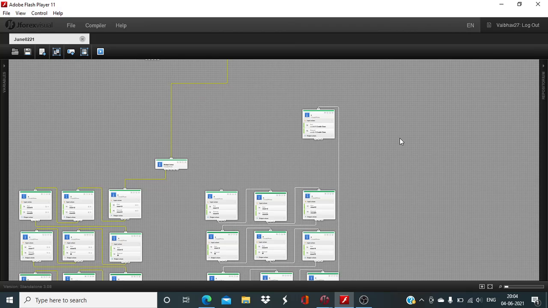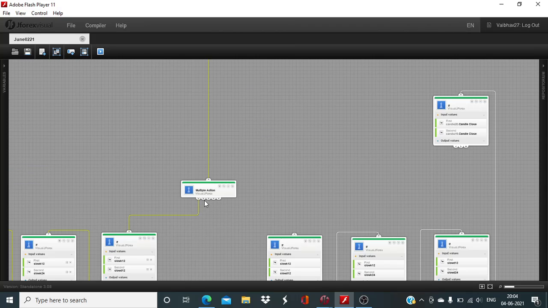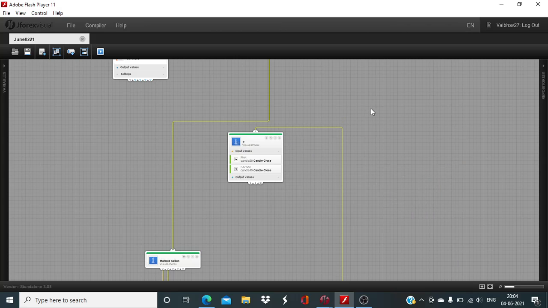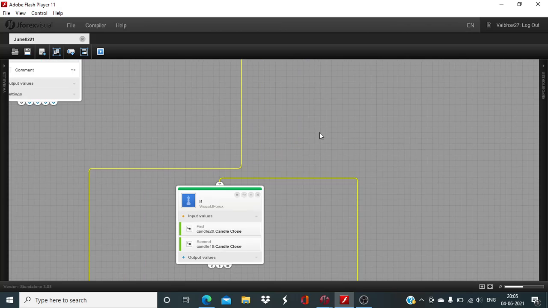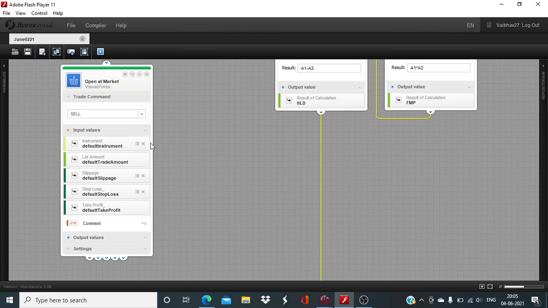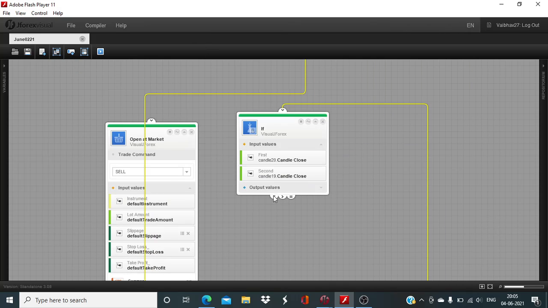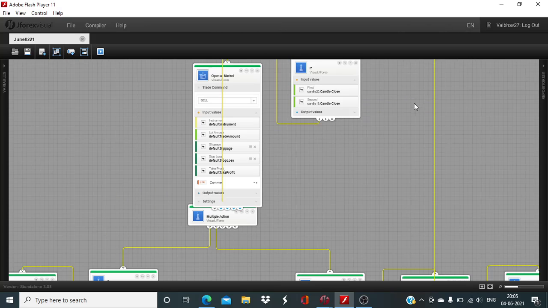Okay. Here these will need to be joined to the multiple action, and candle 20 close needs to be below candle 19 close, so we will have to take first input less than second input.